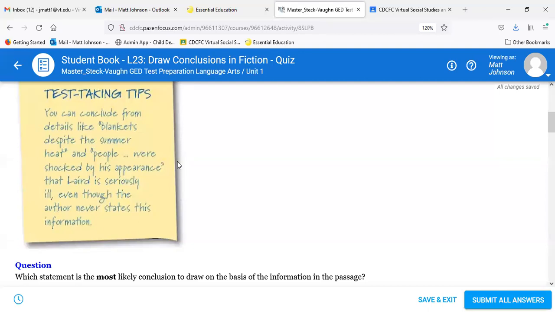And you can make another inference if you didn't have the first piece of information. Shocked by his appearance, that too could be an accident. Maybe he was burned, or maybe he's suffering from addiction, which is going to take a toll on somebody. But the first piece of information helps fill that out, so you can then draw a more solid conclusion about what's going on with this individual.